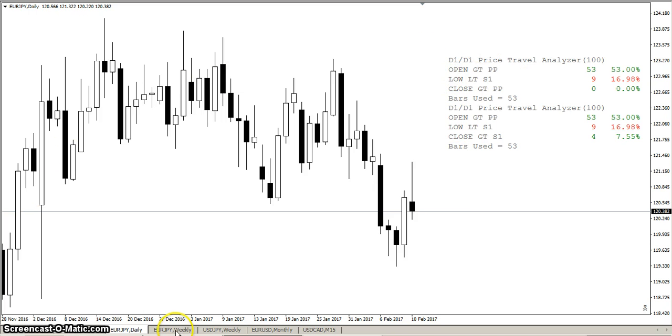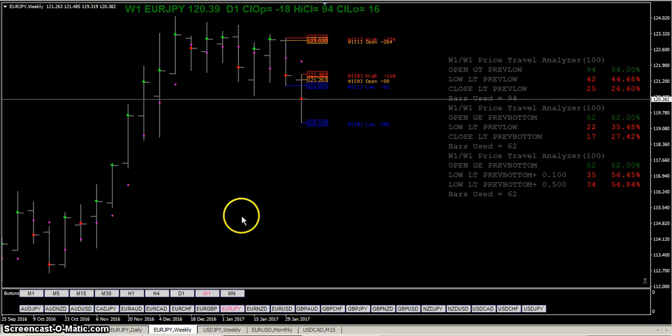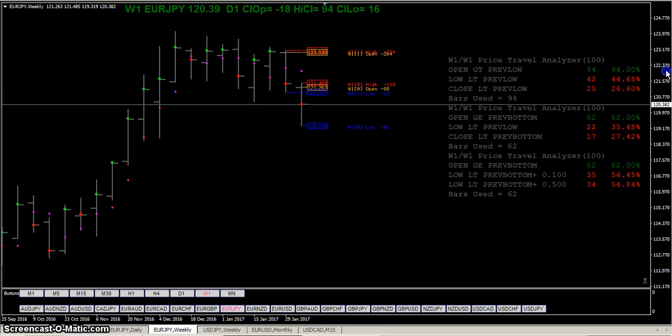Now I've got a couple others up here just to show you some of the things that it can do. So here we go, open greater than the previous low, and we're looking at the weekly. So right here, open was greater than the previous low. Low went below it, and then the close was less than the previous low.